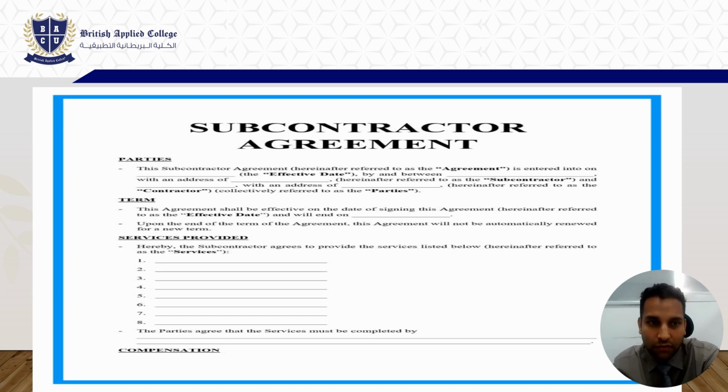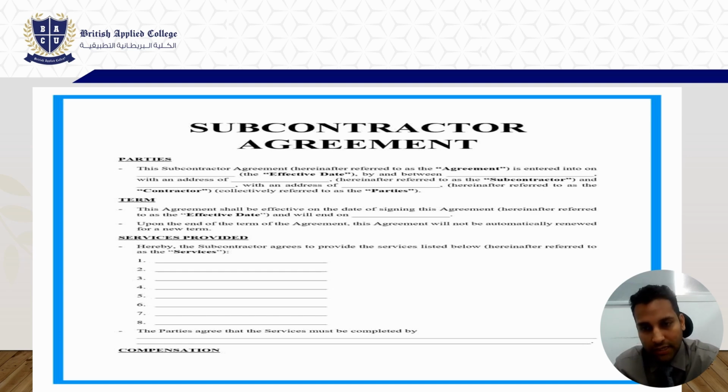If you look at this subcontractor agreement, you will get a basic idea: herein you will see the parties, which parties are involved, the terms and conditions you need to take care of, and the service provided, meaning what the subcontractor is actually doing for the main contractor.